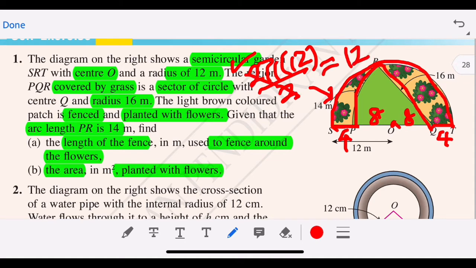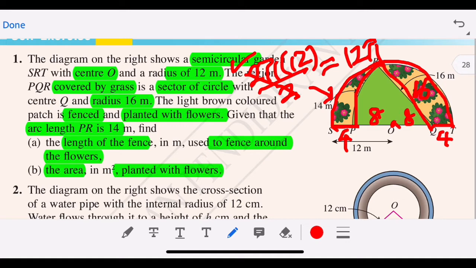I got 12 pi. Then the arc length for PR, we can calculate.